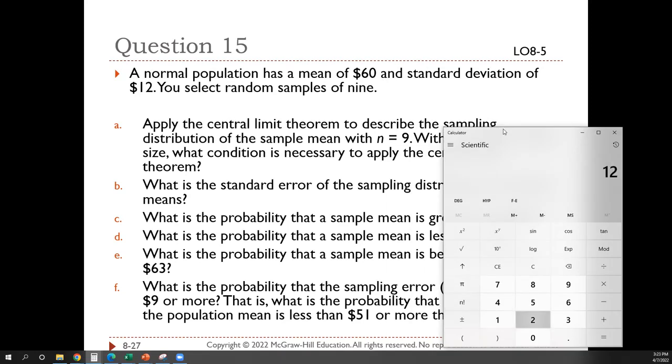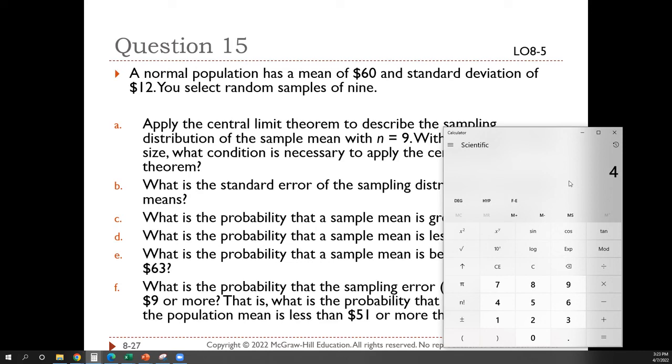Our standard deviation was 12 divided by the square root of 9. So it would be 4. So with the small sample size of 9, the application of central limit theorem requires that the population is normally distributed. Okay. Next, B. What is the standard error of sampling distribution of sample means?